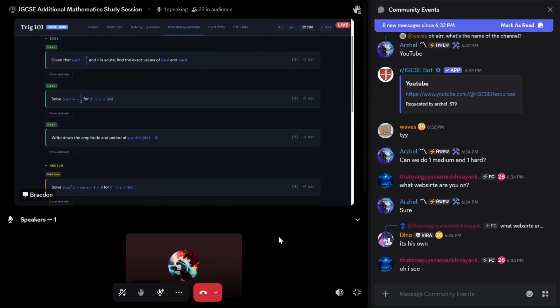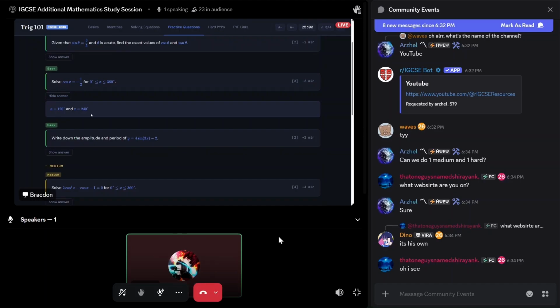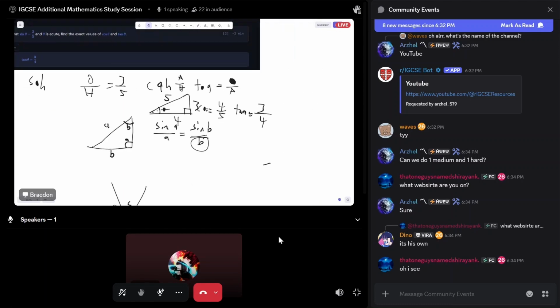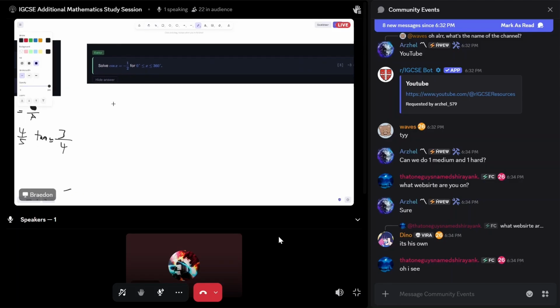So next question. You can see this is a solving equation. This is pretty easy. So let me show you the answer. It's 120 and 240. So first you want to find the principal value, since it's already done for you.